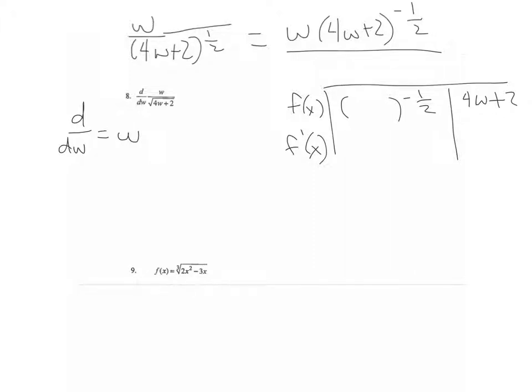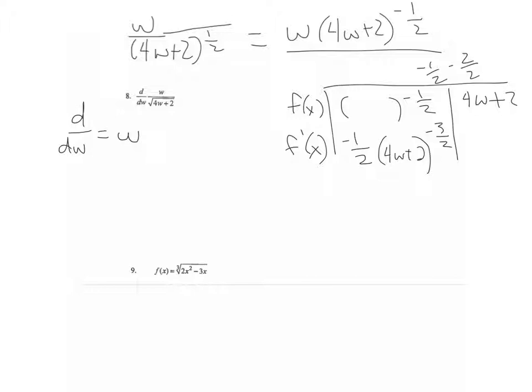So something raised to the negative 1/2 power is negative 1/2 times something raised to the, now remember, we have to subtract 1 from our exponent. And since we'll need a common denominator, that means we're actually subtracting 2 over 2. So our new exponent is the negative 3 over 2 power. And we're going to have 4w plus 2 inside that parentheses. So we've taken the derivative of the outer term.